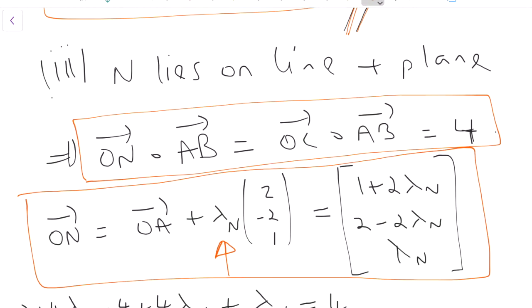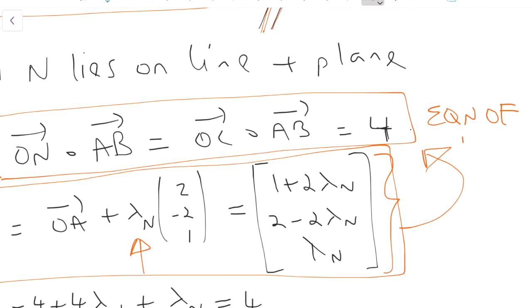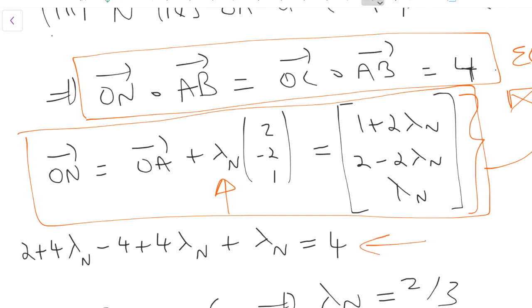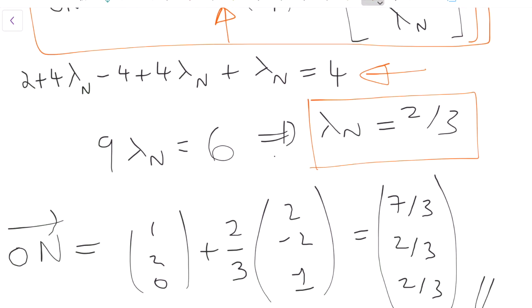So in particular, I get this equation for lambda n, and then I put this into the first equation, the equation of the plane, and this gives me this equation for lambda n. When I solve this equation, I get lambda n equals 2/3, which tells me that ON is OA, and then I go 2/3 in the direction of AB.